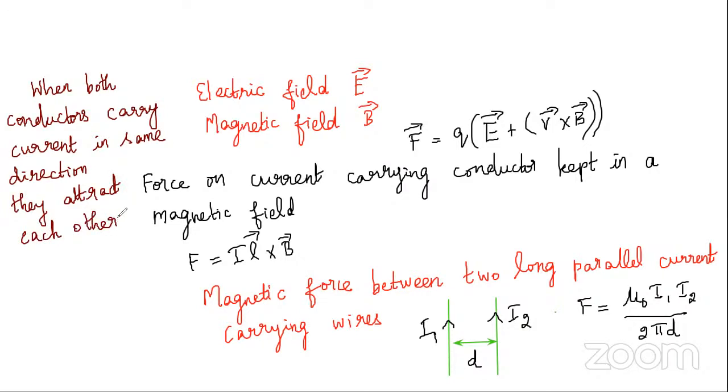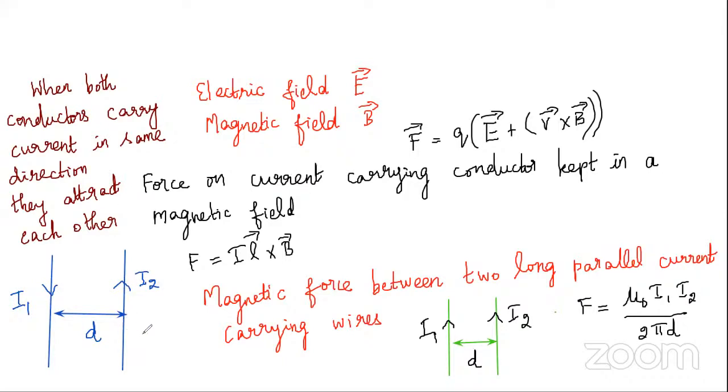But when both conductors carry current in opposite direction, like this, here you have one wire and here you have another wire separated by the same distance d. But now the currents are in opposite direction, I1 is like this and I2 is opposite.